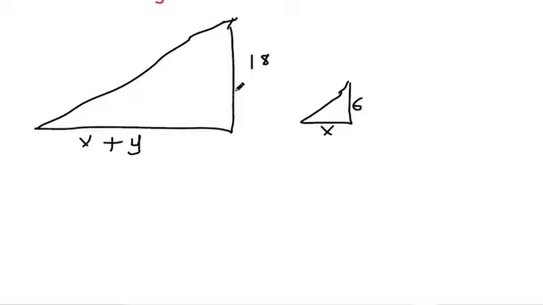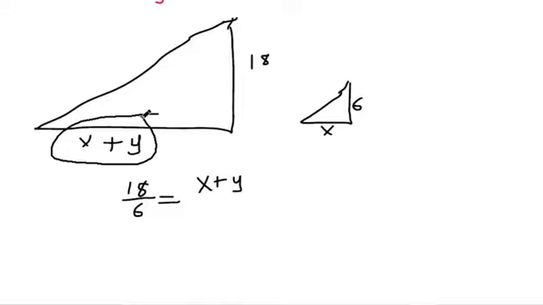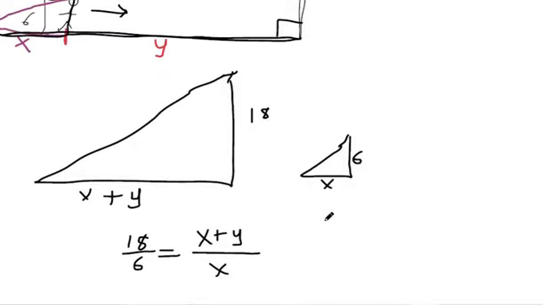What that means is you take one of the sides of the big triangle and divide it by its corresponding side in the smaller triangle.